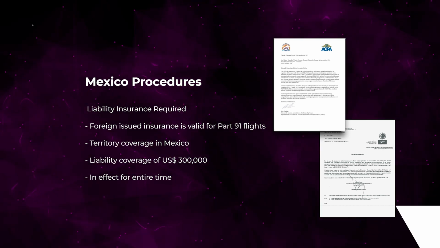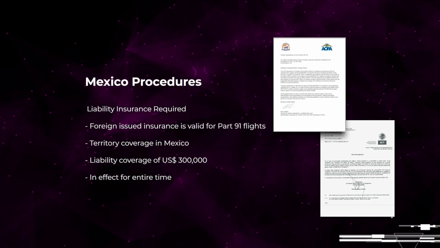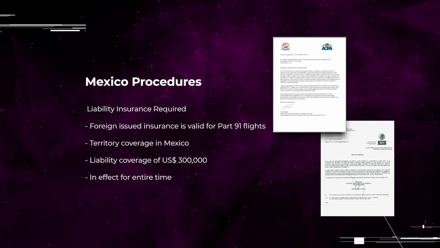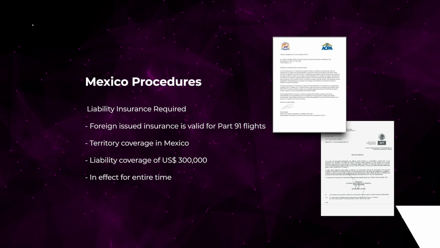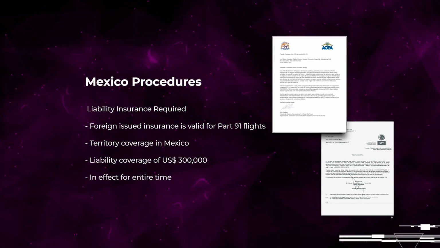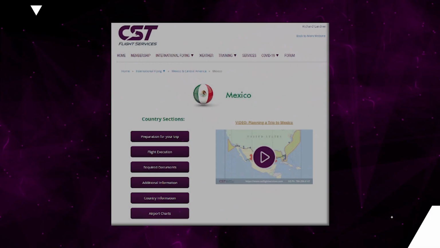And it will be valid in Mexico provided that you have at least $300,000 of liability insurance, that the insurance policy covers Mexico, and that you maintain that policy in effect while you are in Mexico. However, if you want to be totally sure, you can also purchase supplemental Mexican liability insurance for your aircraft.